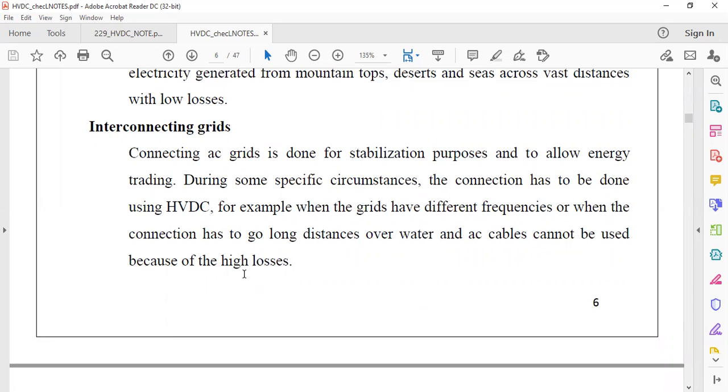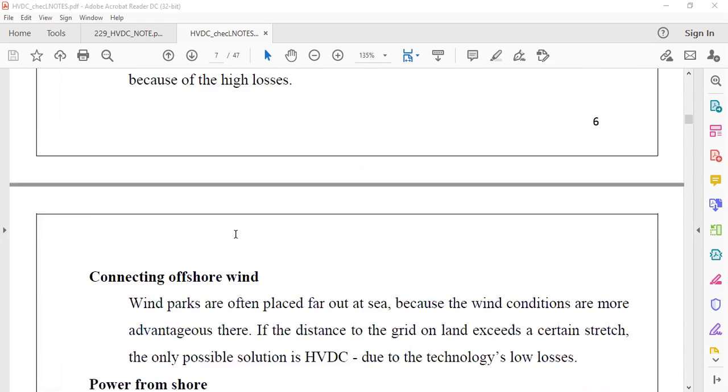So connecting the AC grids, right? During some specific circumstances the connection has to be done using HVDC. For example, when grids have different frequencies or when the connection has to go long distances or over water where AC cables cannot be used because of high losses, right? So that's why we go for HVDC transmission system.